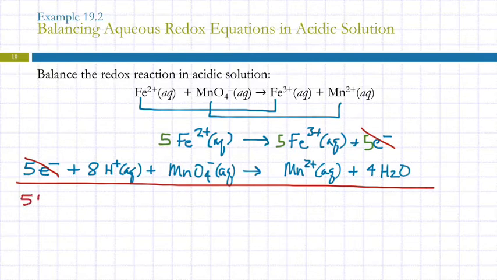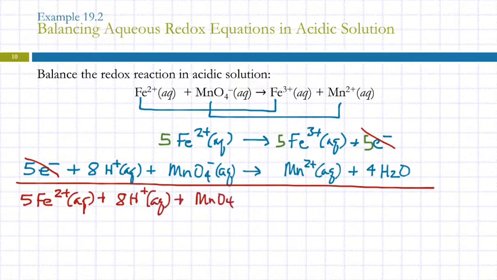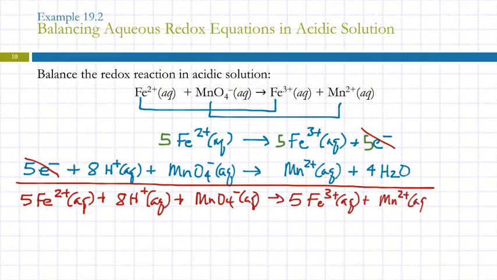So I've got 5 Fe2+ aqueous plus 8 hydrogen ions and 1 permanganate ion, forming 5 Fe3+ ions plus Mn2+ ion plus 4 water molecules.